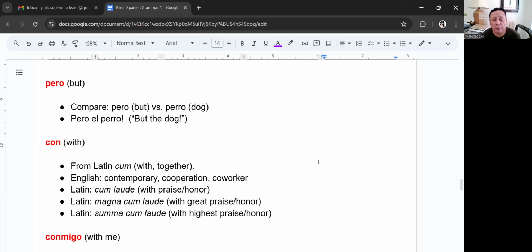And then the trilled R, the double R, is trilled. Perro. Perro is dog. So if for some reason it's ever appropriate to say, but the dog, pero el perro. That's not going to be helpful, but anyway. Compare pero, but, to dog, perro. Not but, booty call, but as in the conjunction, but.